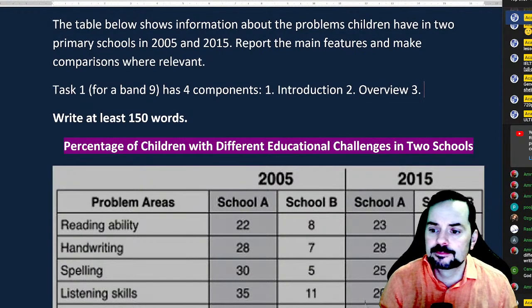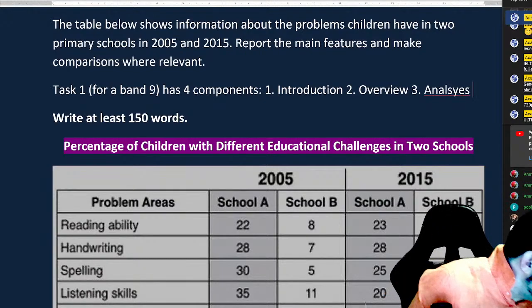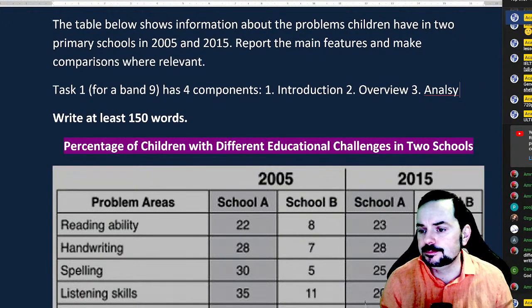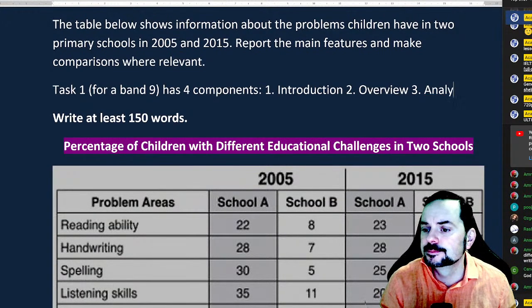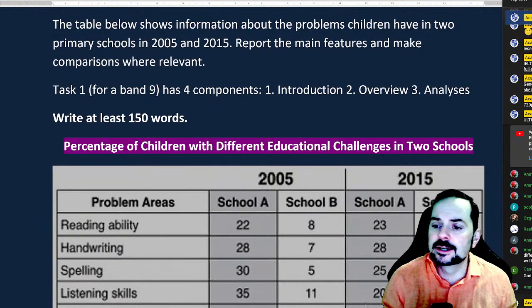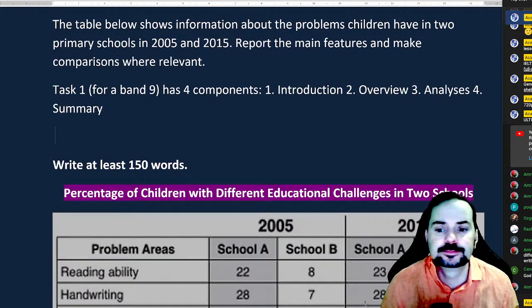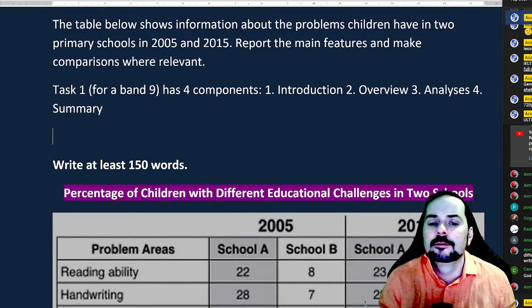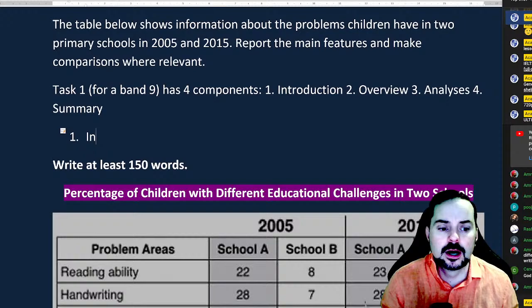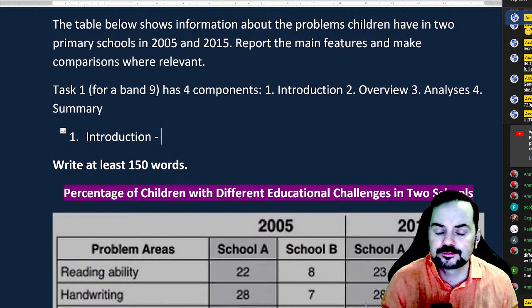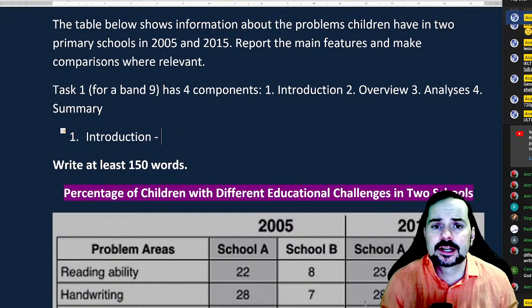Number 3 is the analysis or analyses. And number 4 is a summary. Okay. For number 1, the introduction, all you really need to do is paraphrase the question and add details from the graph.